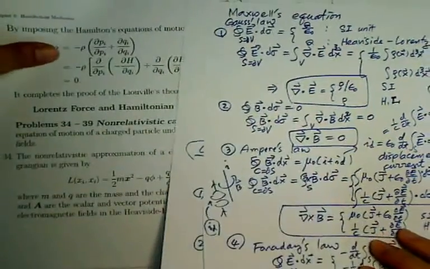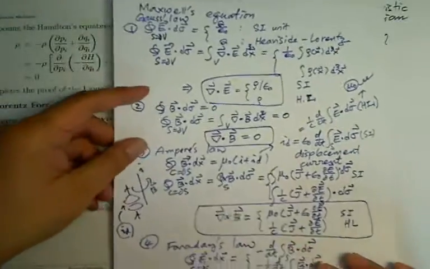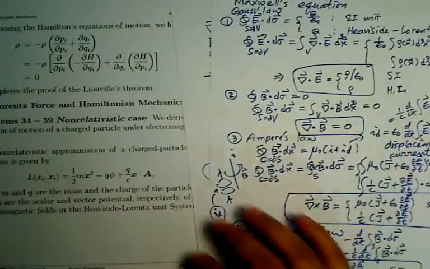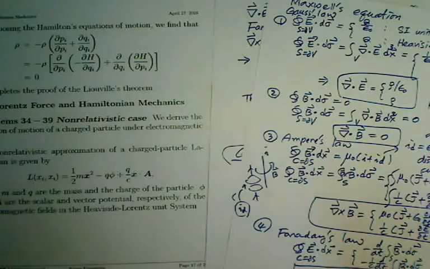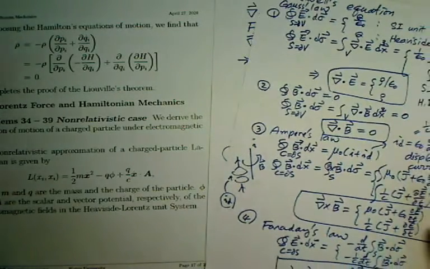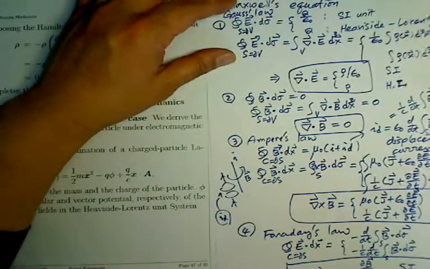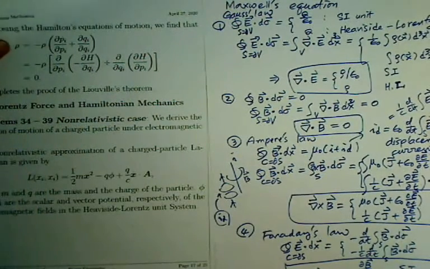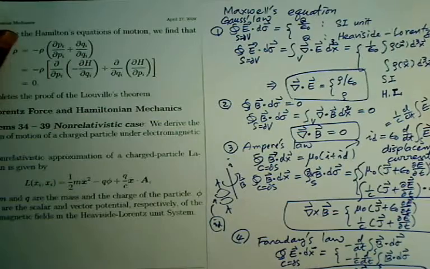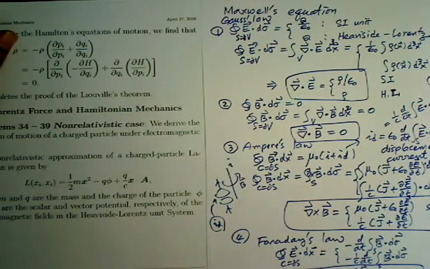Alright, as a last step, we consider the motion of a massive charged particle in the electromagnetic field. First we will consider the non-relativistic case, and we will extend that method to the relativistic case.